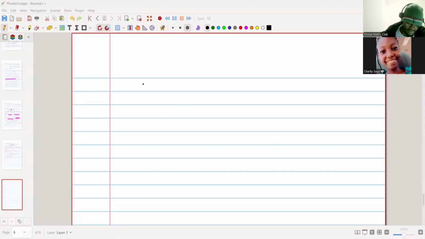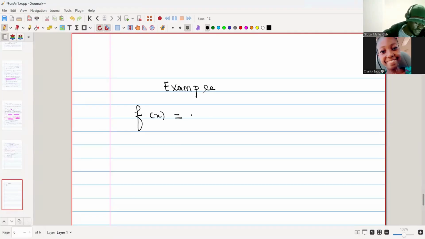So we are going to do some exercises. The first one is this example. You have a function.